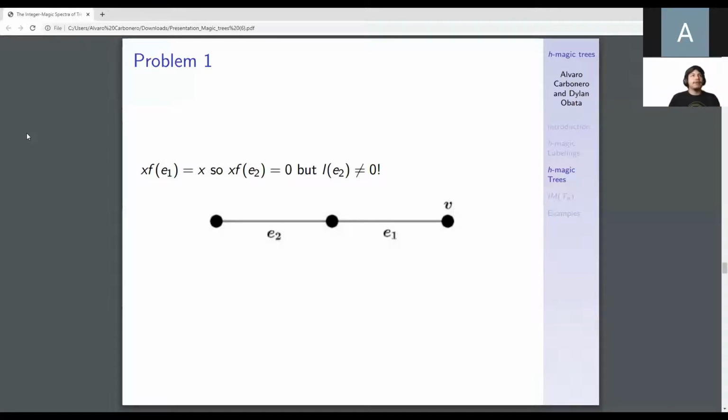F of e2 is equal to 0. So x times f of e2 is equal to 0. But as we said before, L of e2 cannot be equal to 0. In particular, whenever a tree has a pendant path of length 2, it cannot get the constant labeling. Sorry, it cannot have an H-magic labeling. There doesn't exist one. The integral magic spectrum for such a graph is always the empty set.